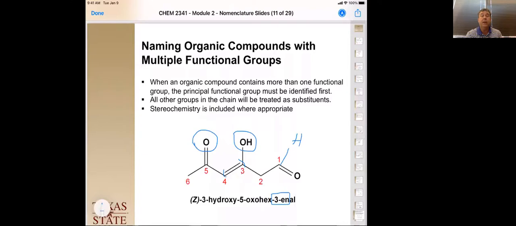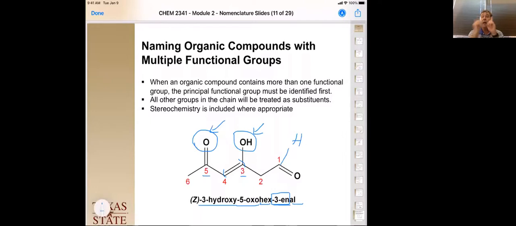It's not a ketone and it's not an alcohol. So as substituents, this is hydroxy, this is oxo. So now we need to put them in alphabetical order. Hydroxy comes before oxo, and put our numbers on them. So that gives us the 3-hydroxy-5-oxo, hex for 6 carbons, 3 because that's where our double bond begins, al because it's an aldehyde.